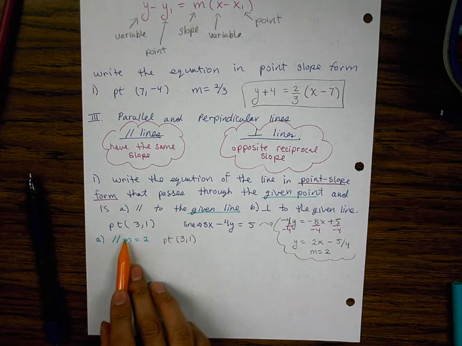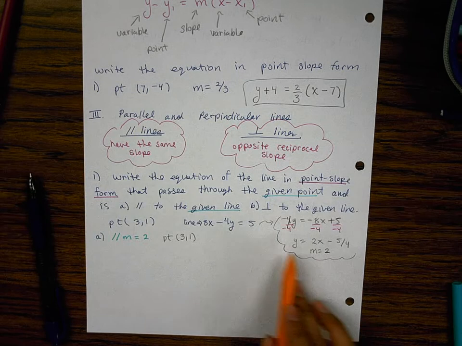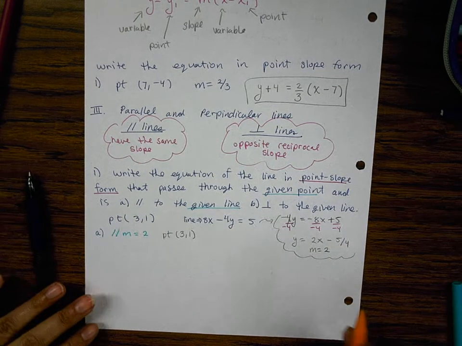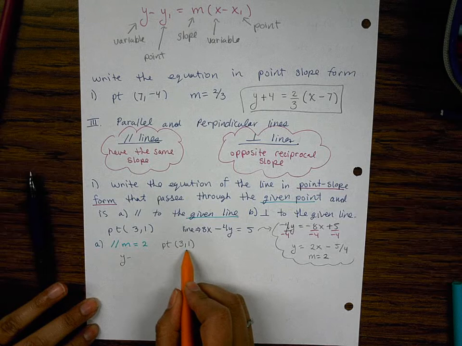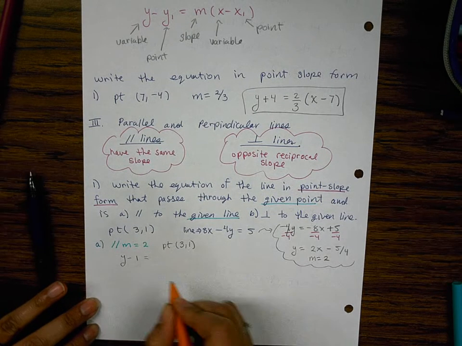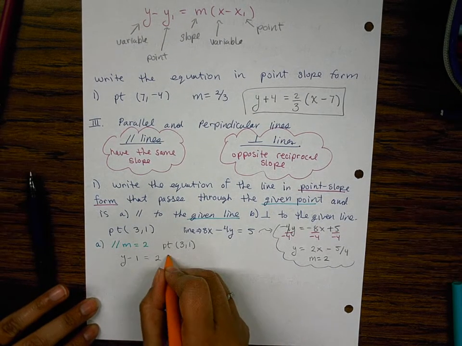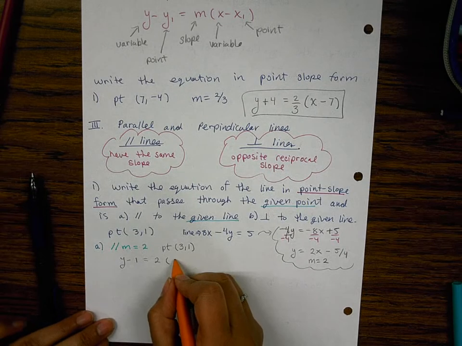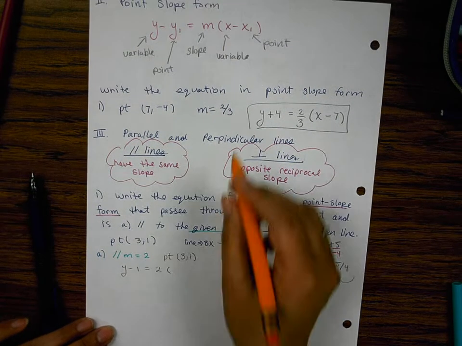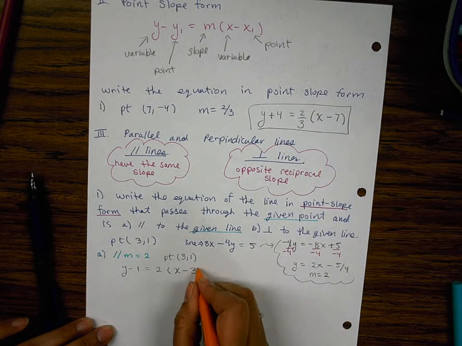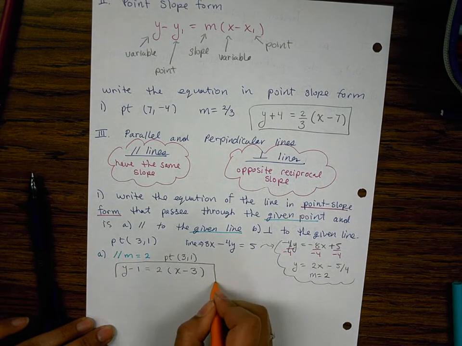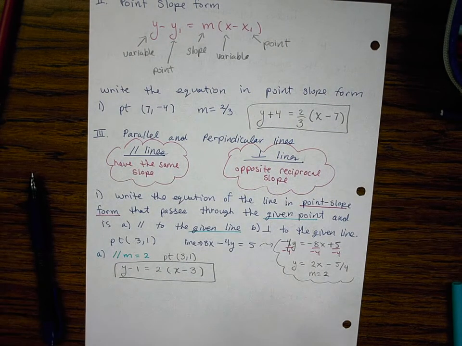Parallel to this line means the slope is 2. Again, this is a definite on the test. Parallel to this line means the slope is 2, and it has to pass through this point, which is not on this line. Okay, it's easy. y minus y1, y minus 1 equals a slope of 2, parentheses, x minus x1, x minus 3. I'm using this form right here, and that is it. You are done.